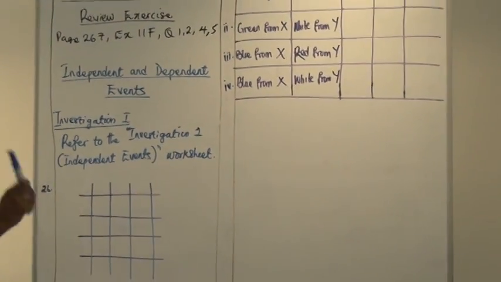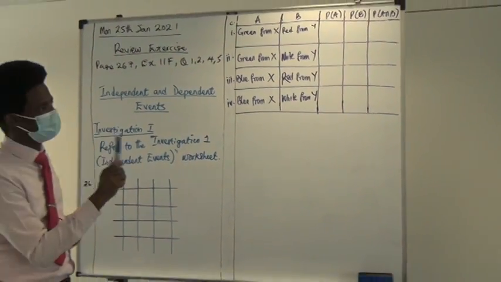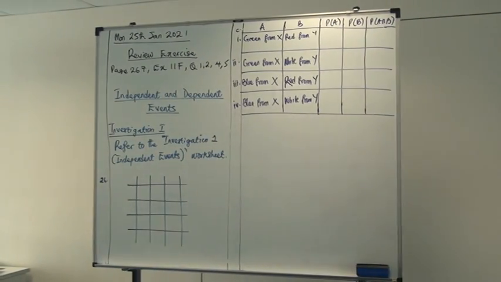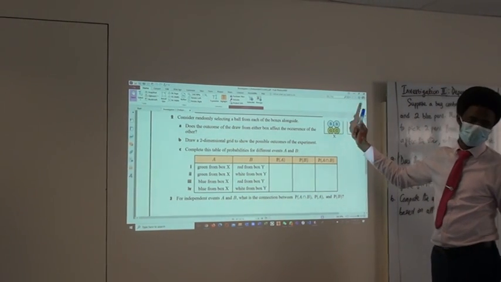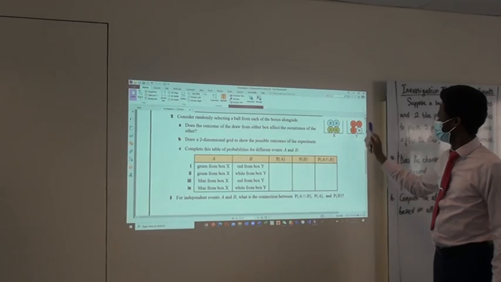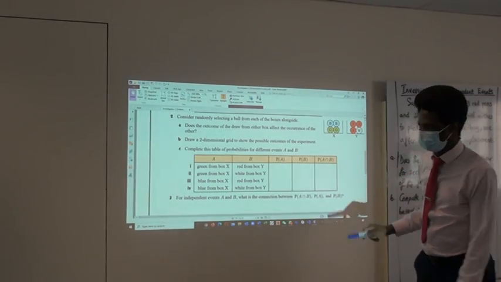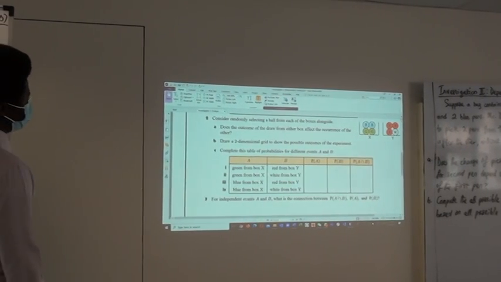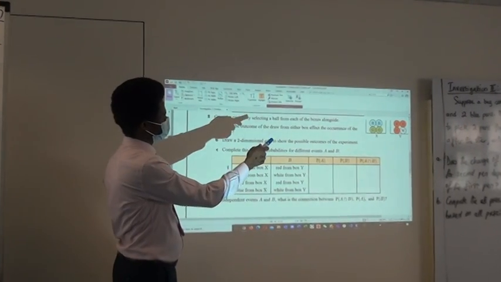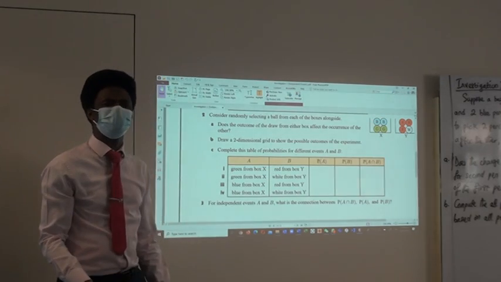So, for number 2, it says consider a randomly selected ball from each of the boxes. You could see from here, there are 2 blue and 2 green. Here we have 3 red and 1 white. So the first question is: does the outcome of the draw from each box affect the occurrence of the other?